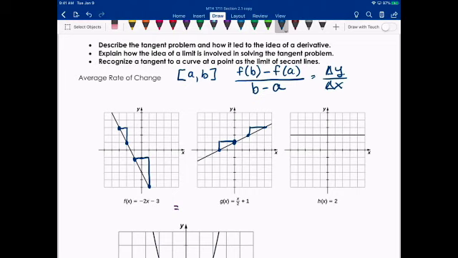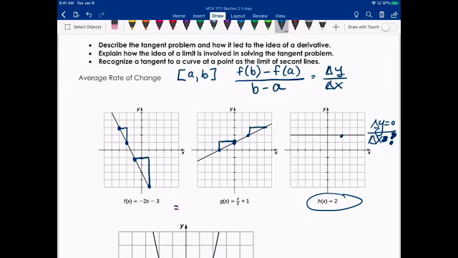Now for a constant function, for example, h of x is equal to 2 in this third graph, the average rate of change is always going to be 0 because the change in y will always be 0 no matter what the change in x is.